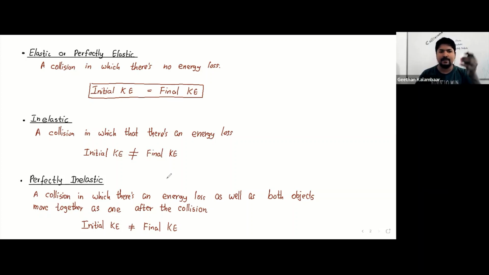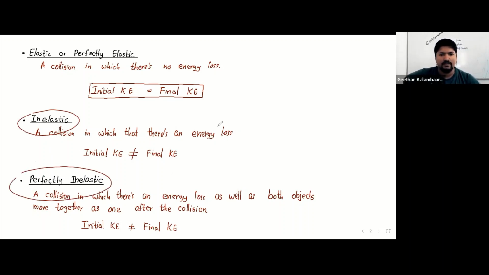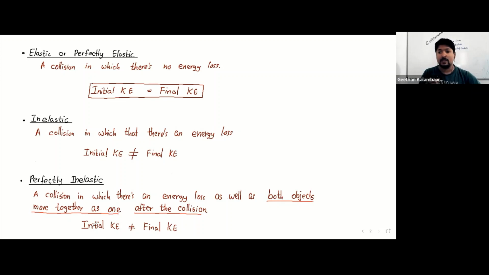So what is the difference between an inelastic collision and a perfectly inelastic collision? Let me tell you the difference. The difference is that after the collision, both objects, if you're talking about two objects in this collision, move together as one. After the collision, both objects move together as one.